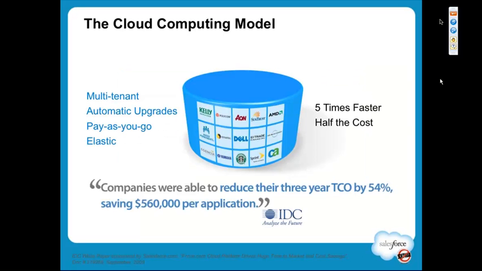So if we look at Salesforce.com, obviously you know that we're very well known for our cloud computing model. We are a multi-tenant cloud service. What you get from us is a multi-tenant kernel, and our applications and whatever you build on our multi-tenant cloud computing model update automatically.